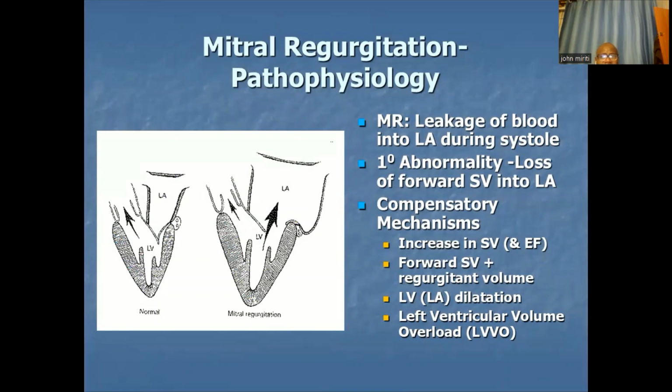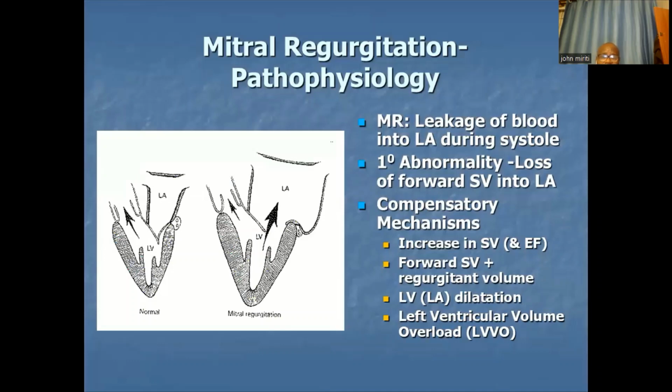The other issues are compensatory mechanisms associated with this, like an increase in systolic volume and ejection fraction. Then there is forward stroke volume plus regurgitant volume, stroke volume versus regurgitant volume.